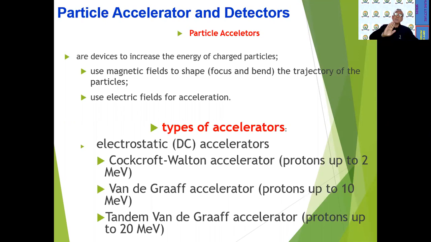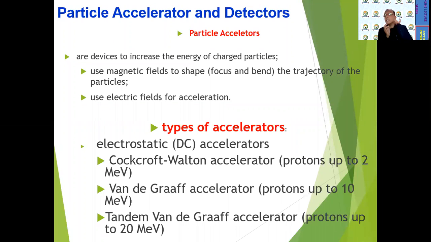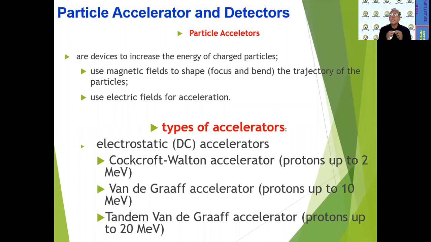That's why these charged particles, before using in the reaction as a projectile, must have their energy increased. These charged particles are produced in their concerned electron gun or tube, and their energy is to be increased. And in order to increase the energy of these charged particles, a particular type of device is used, and that device is called what?